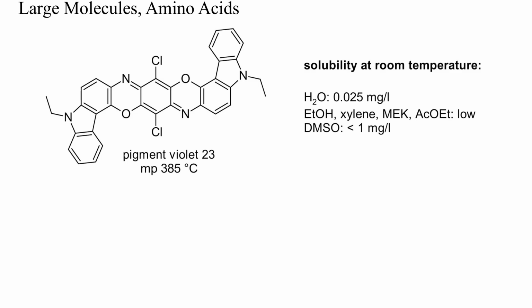Large symmetric molecules, for instance organic pigments like the one shown here, also tend to have high melting points and low solubilities. Pigment violet melts at 385 degrees Celsius and is virtually insoluble in any solvent.